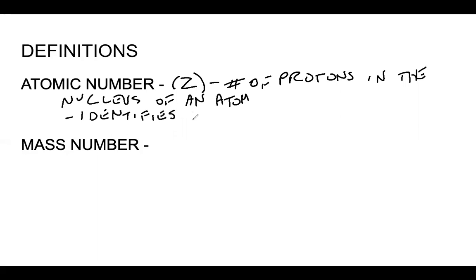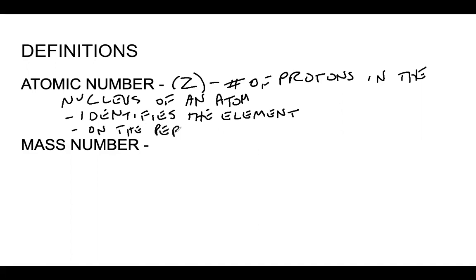Protons, neutrons, and electrons, it's the protons that identify the element. All I need to know is the number of protons, and I can tell you what element that atom is. And this number is on the periodic table.